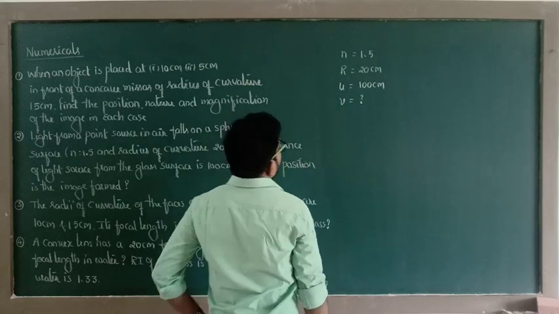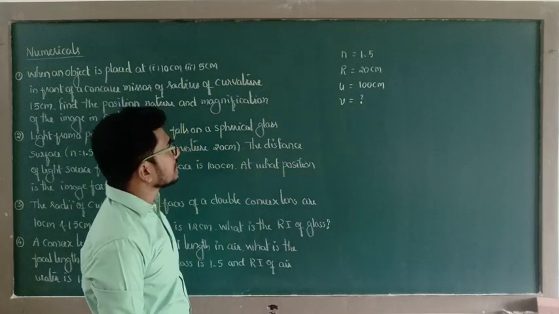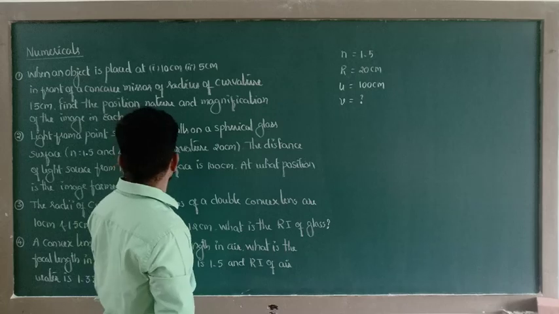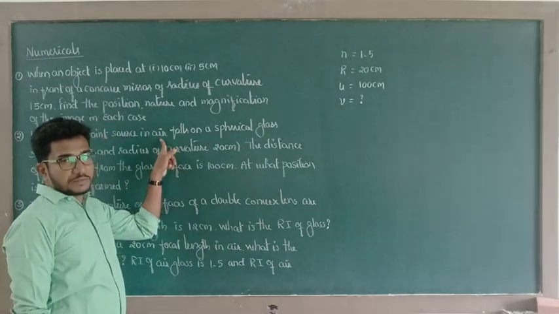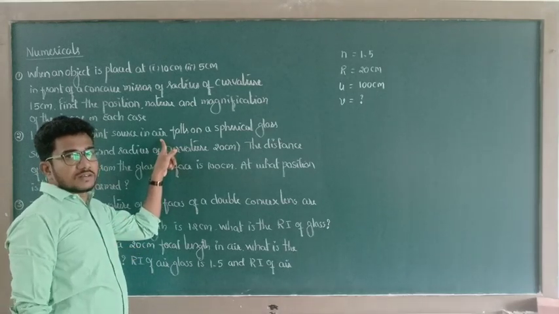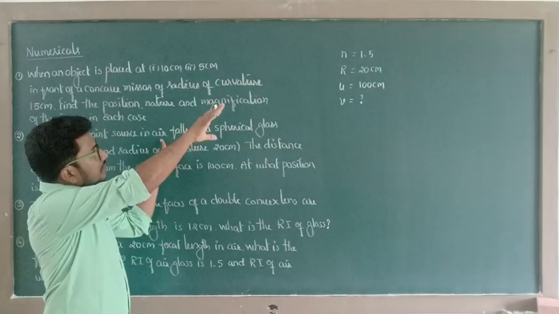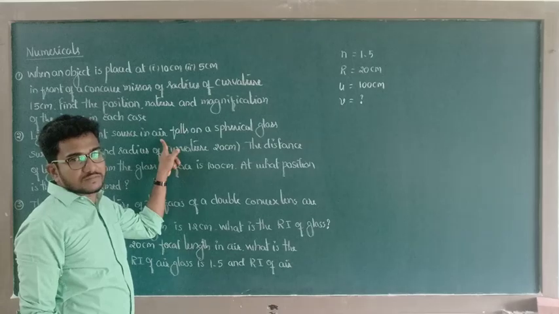So here given data is in terms of object distance, radius of curvature and refractive index. Light from a point source in air, that means that point source is in air medium. So here first medium is air medium, second medium is the medium with refractive index 1.5.